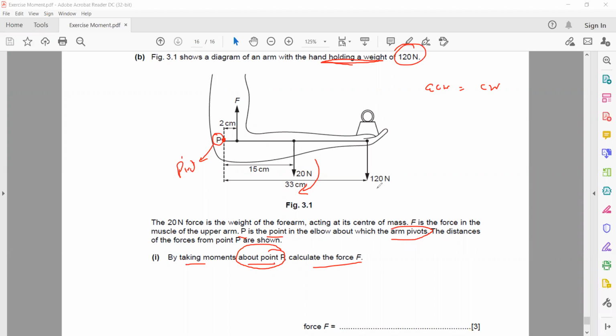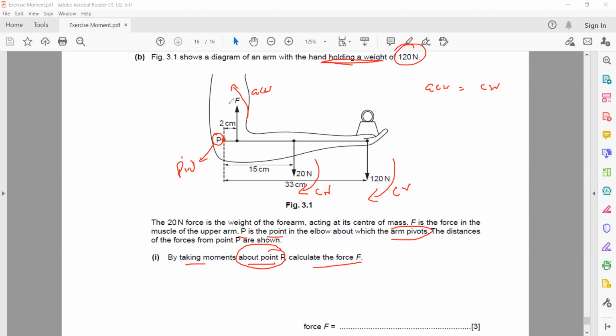Which direction will 120 Newton cause a rotation? That is also clockwise. Both the weight of the arm and the weight of the load cause a clockwise rotation. The muscles apply an upward force, so they cause an anti-clockwise rotation of the arm. Because the arm is balanced, the anti-clockwise moment equals the clockwise moment.